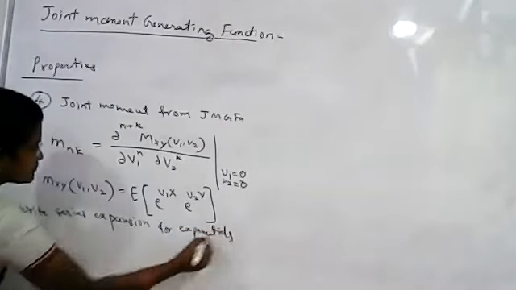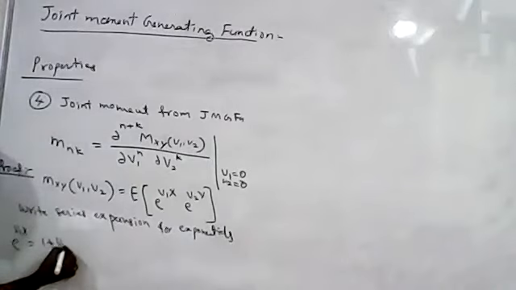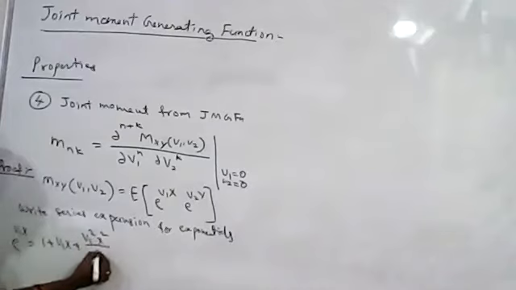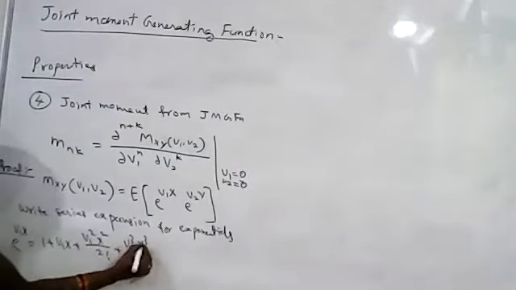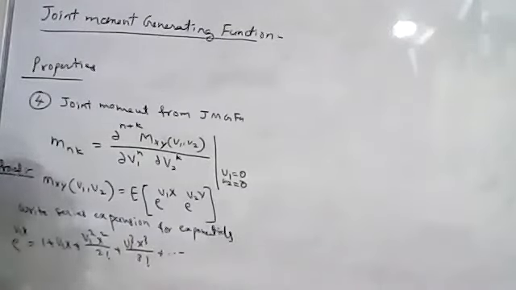So e power v1x can be written as 1 plus v1x plus v1 square x square by 2 factorial plus v1 cube x cube by 3 factorial plus so on.